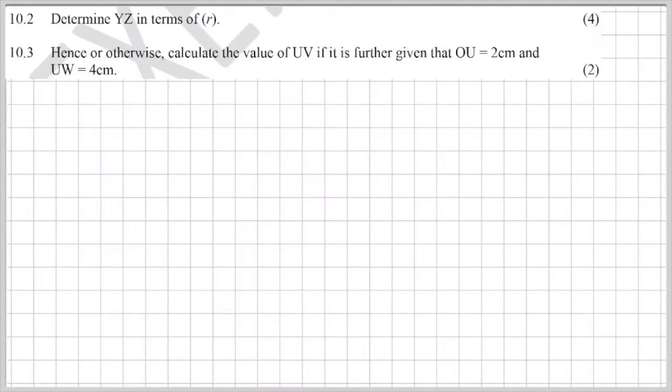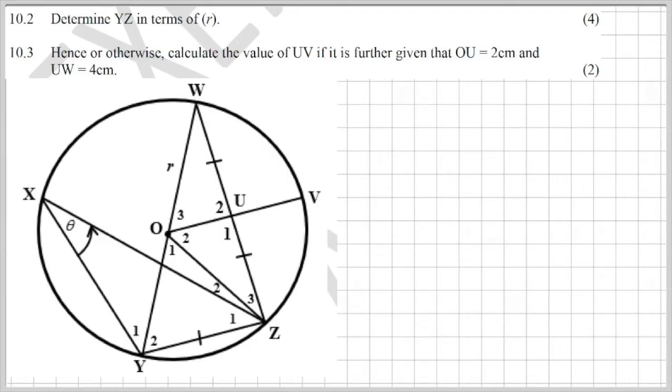So let's look at question 10.2. It says there, determine YZ in terms of R, which is the radius of the circle. So let's just first put in what we've got, okay?